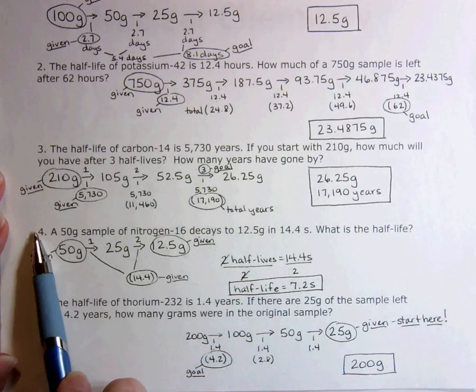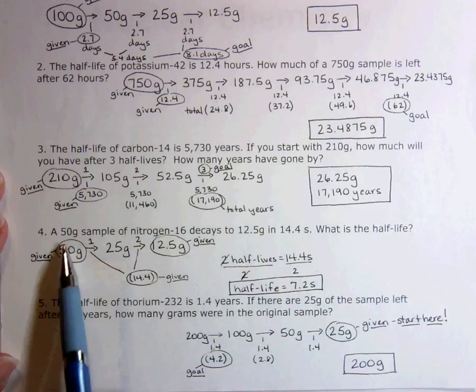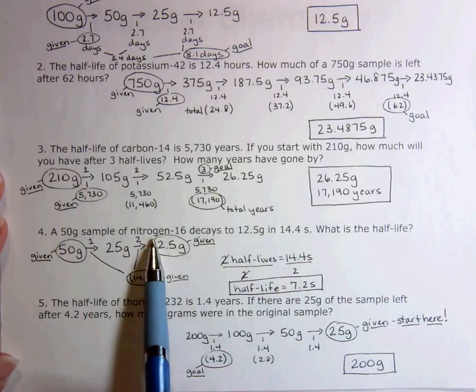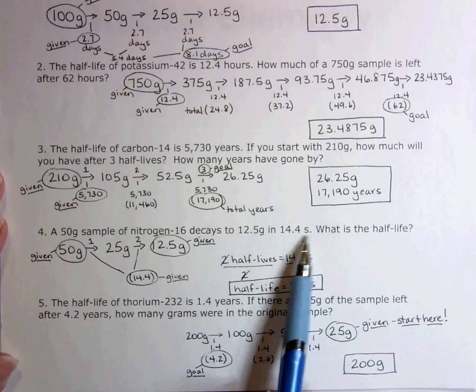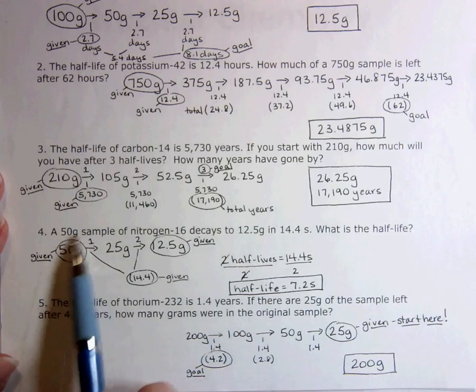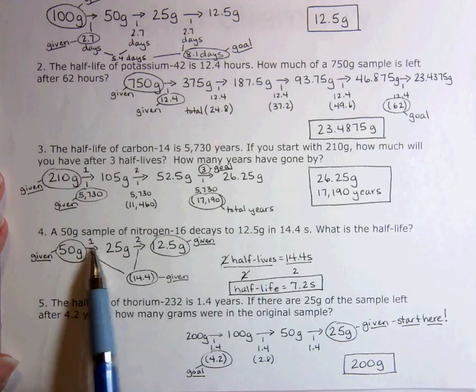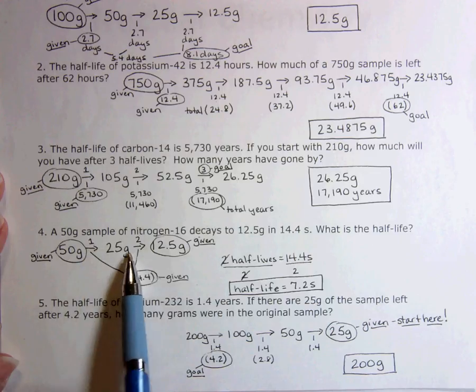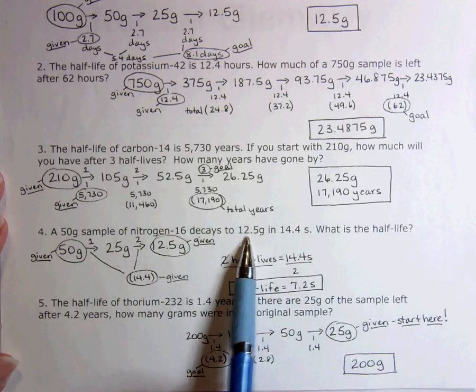In number 4, we have to find the half-life. We don't know it. So we have a 50-gram sample of nitrogen-16 decaying to 12.5 grams in 14.4 seconds. So I'm going to take my 50 grams and decay it down to 12.5 grams. So I do 50, a half-life would get me down to 25, another half-life would get me down to 12.5, and that's where I'm trying to get.